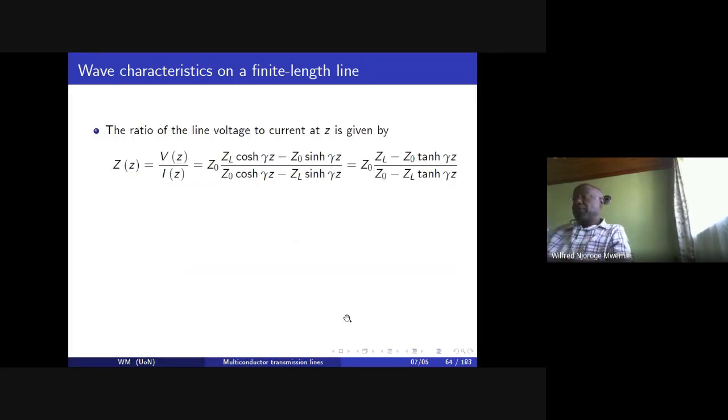That's all I want you to do. Has anyone obtained this expression?